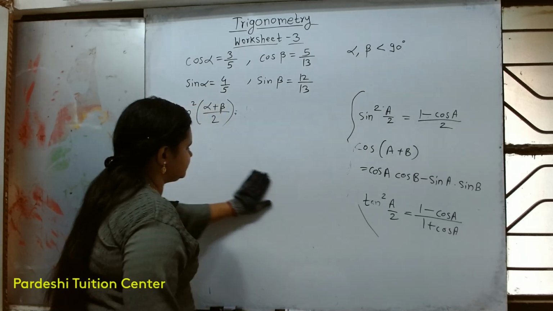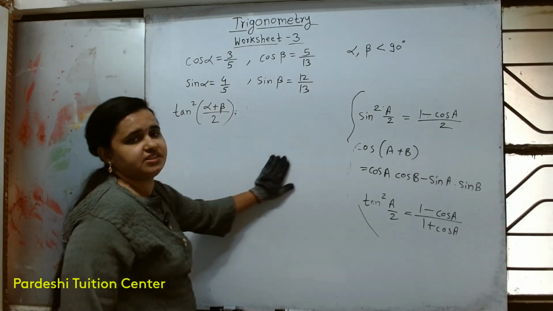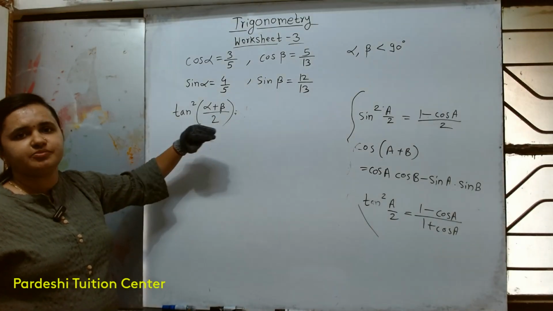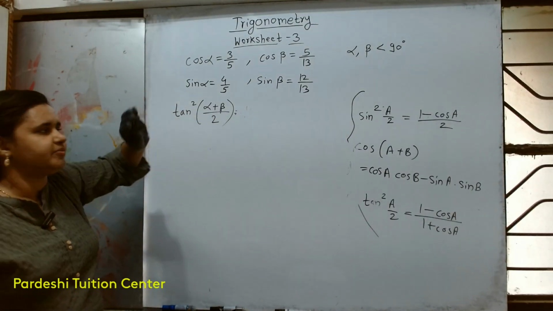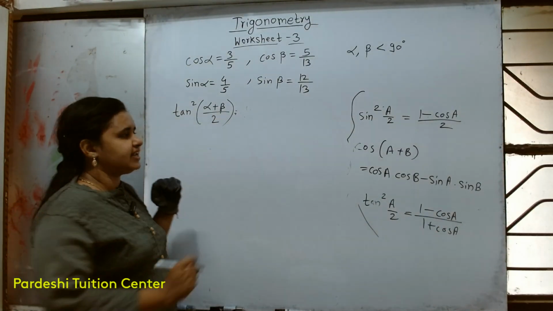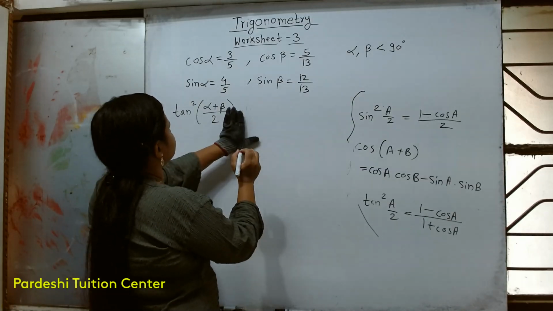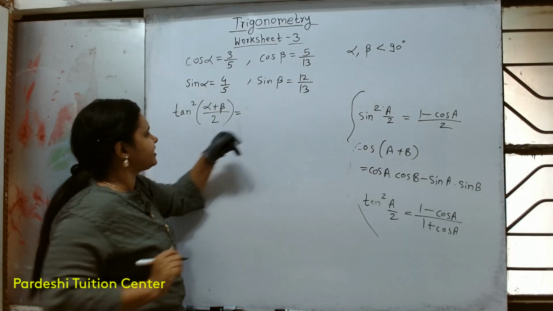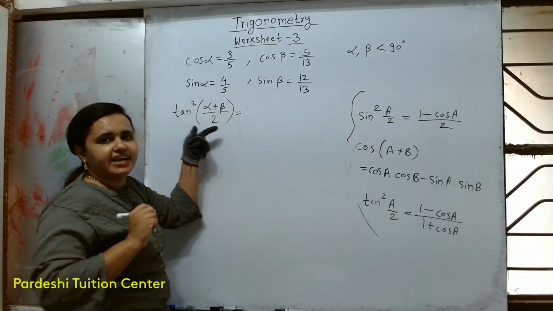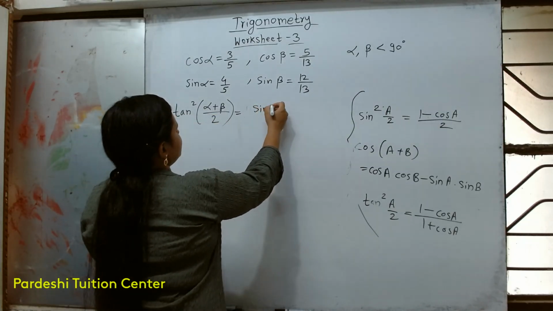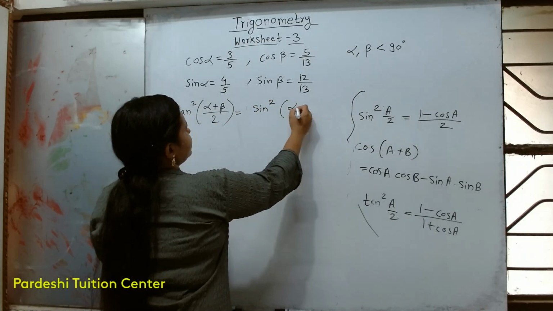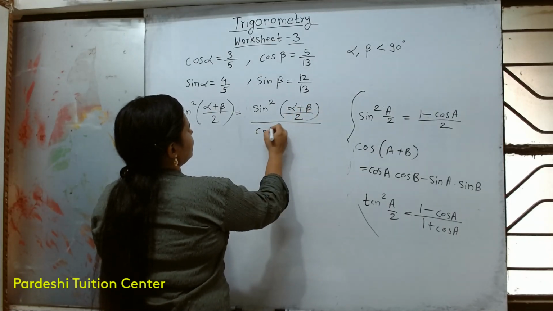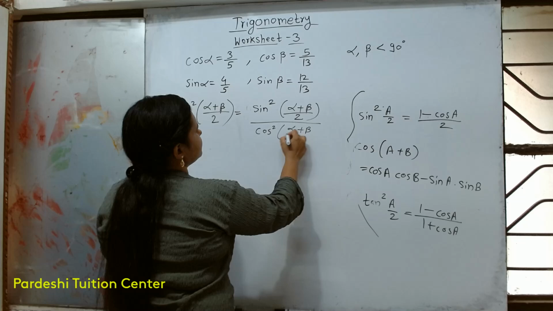There is also one easy method, as this is a very lengthy method. We have just calculated sin square (alpha plus beta) by 2 and cos square (alpha plus beta) by 2. Sin upon cos is tan, so we can write tan square (alpha plus beta) by 2 as, this is our second method, sin square (alpha plus beta) by 2 upon cos square (alpha plus beta) by 2.